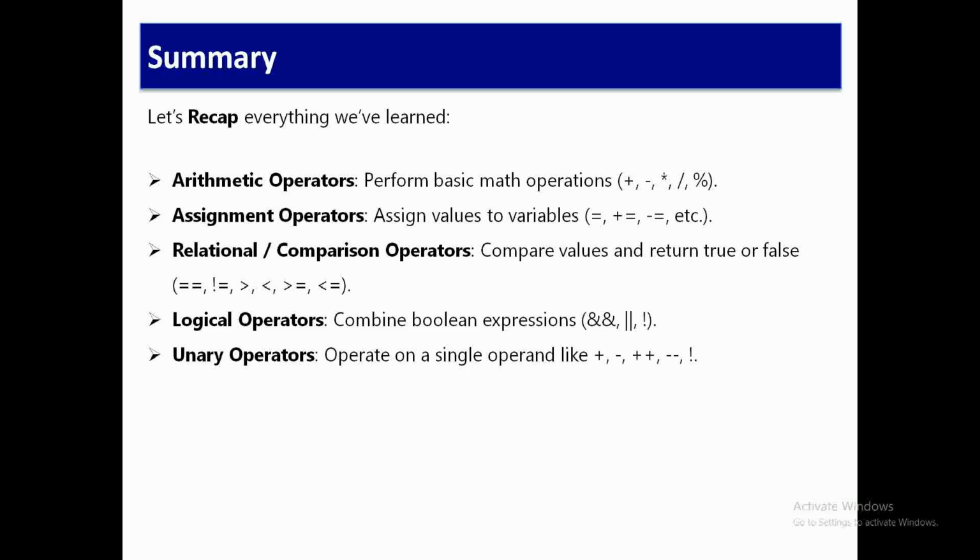And pre increment will first increment its own value, then assign that value to the other variable. So this is the concept of pre increment, post increment and decrement also. So here are some operators we covered today, and next we have some more operators which we will cover in the next video.